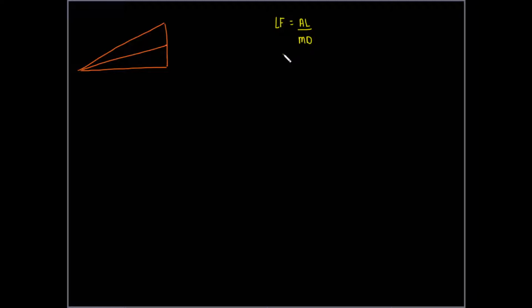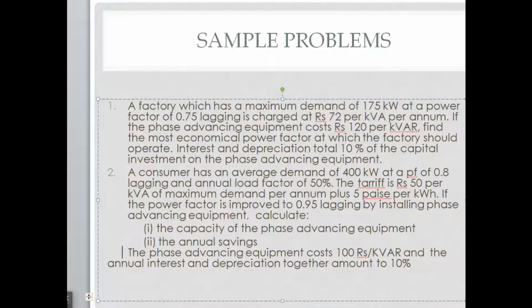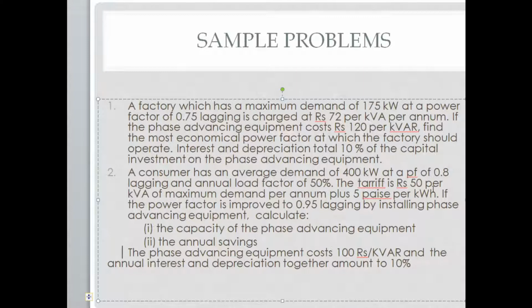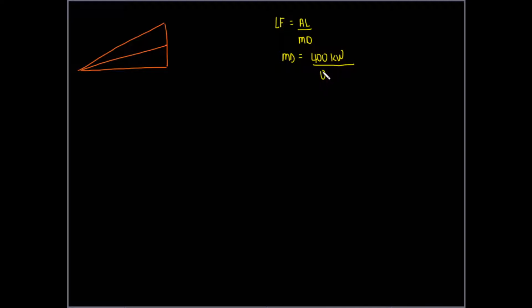So the maximum demand of real power must be 400 kilowatts, which is the average load, divided by your load factor, which is 50%, 0.5. This is obviously 800 kilowatts. So in the diagram, this is the 800.